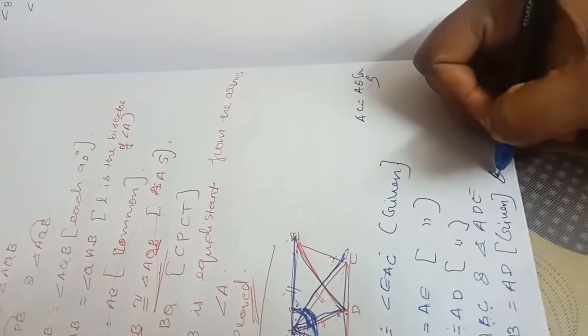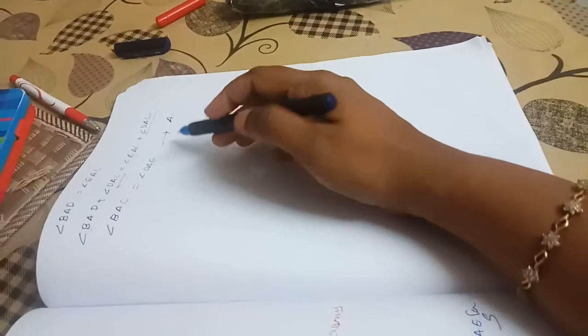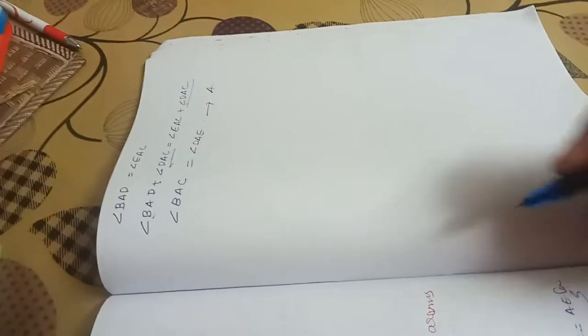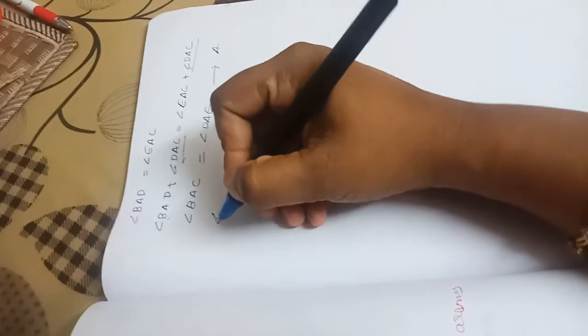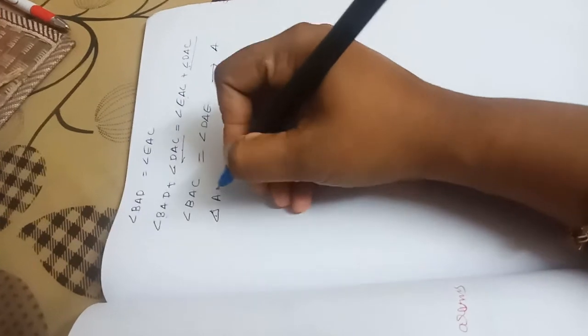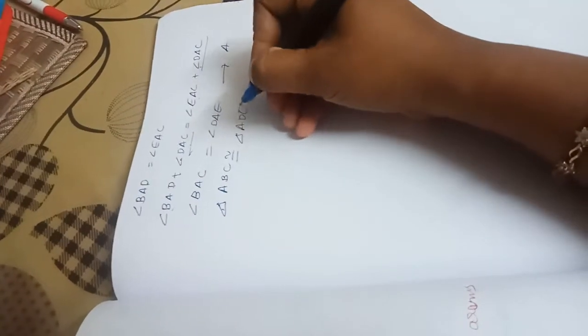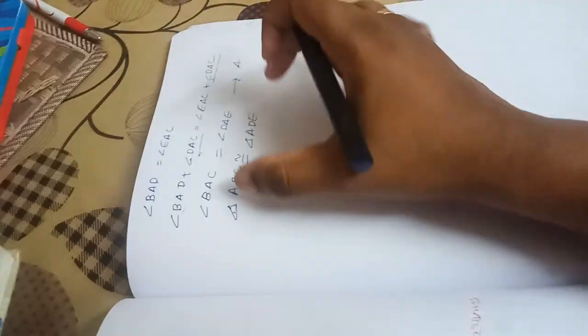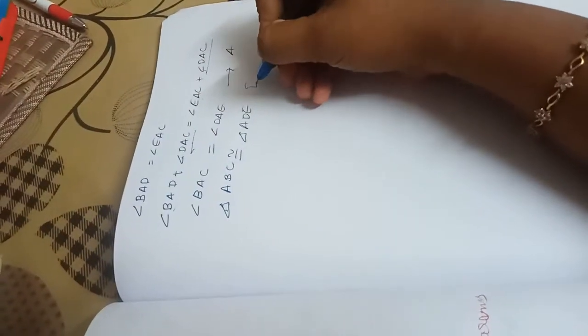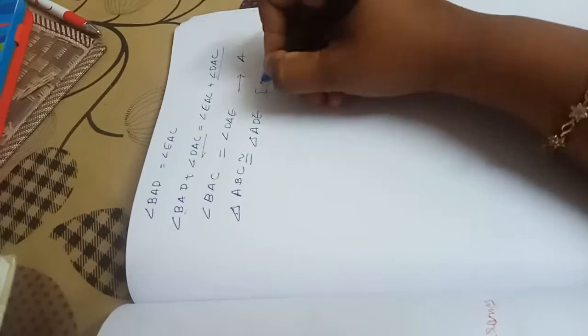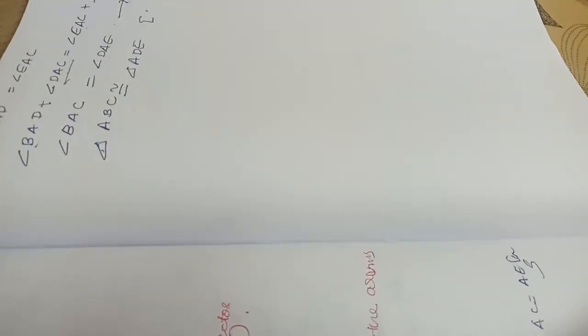So SAS. By using SAS, we can write triangle ABC is congruent to triangle ADE. To prove these two triangles are congruent, either we have to prove two sides and one angle are equal, or all the angles are equal, or all the sides are equal.